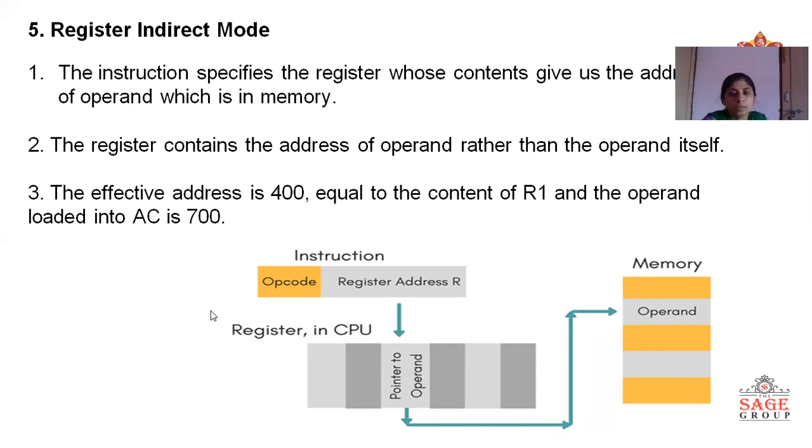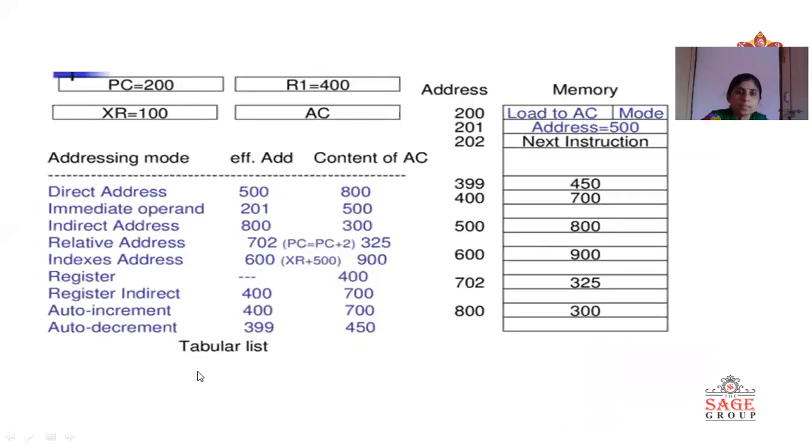We can understand register indirect using this example. Here, for example, the register address 400 is given, meaning at memory location 400 the effective address is 700, and the operand at 700 will be loaded into the accumulator.